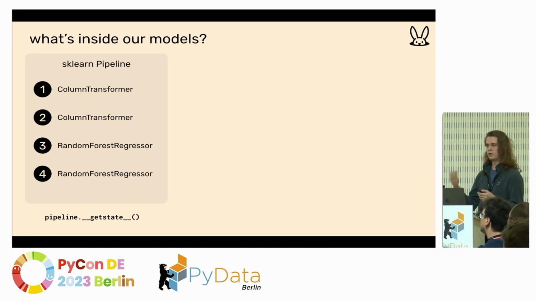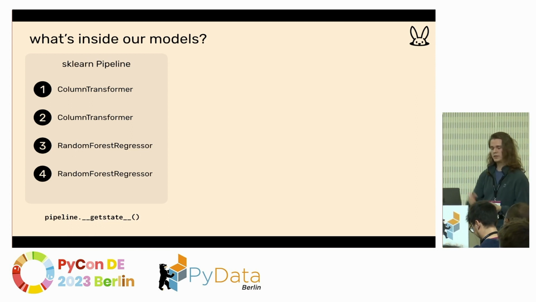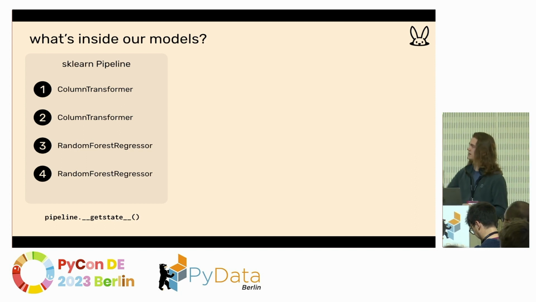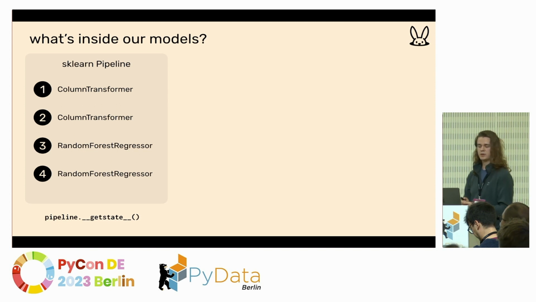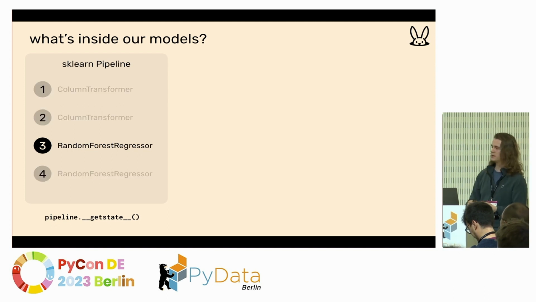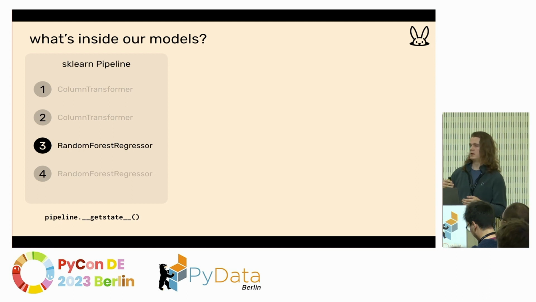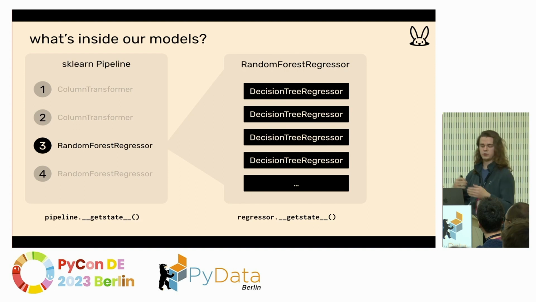And therefore, the __getstate__ method of this pipeline would be something like a list of 4, in this case, different sklearn objects. We'll have a look at the third object, for example. That's a random forest regressor. And what pickle now does is call the __getstate__ method recursively on this object. So now it would call regressor.__getstate__.